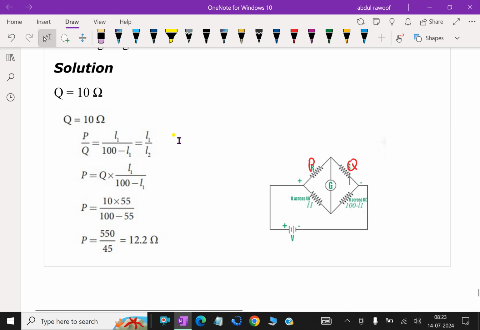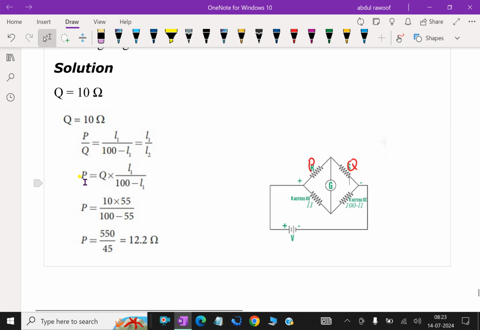L1 over 100 minus L1, because the length in the Wheatstone circuit is L1 we are keeping. That is, the resistance is directly proportional to the length of the wire. Therefore, for the meter bridge, we use L1 and 100 minus L1.